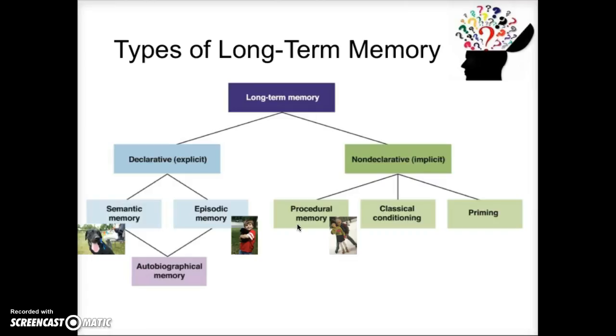Now, other types of implicit memories that are unconscious are also going to include things like classical conditioning. So lessons you've learned from classical conditioning are where you have a sort of involuntary reaction. It's not really a conscious choice. You kind of do it. So for example, maybe you've had a bad experience at the dentist.